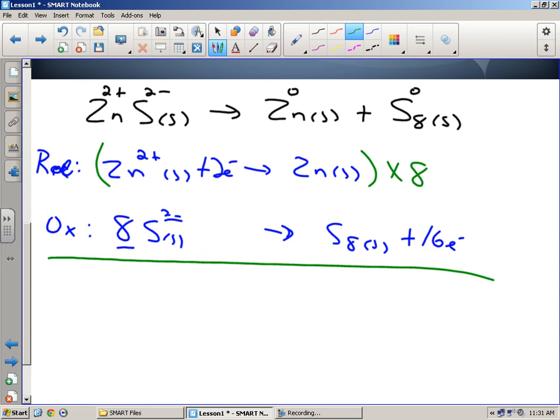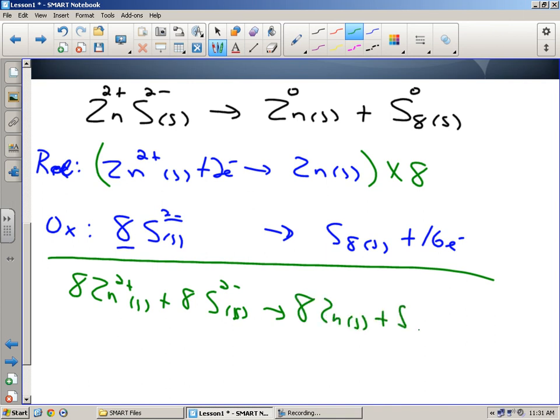We'll add these up, and we get 8 Zn2 plus and 8 S2 minus. And that will give me 8 zinc solids and S8 solid. Okay? And that would be your final equation there.